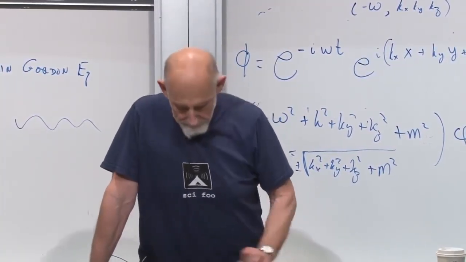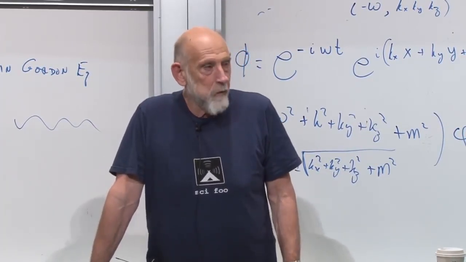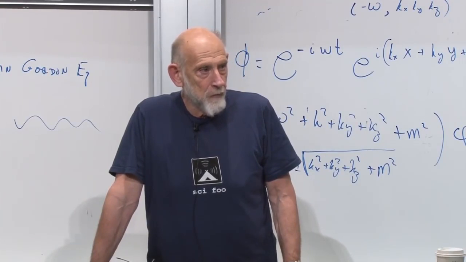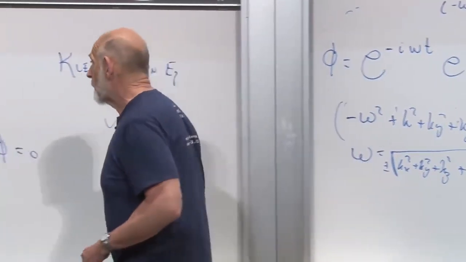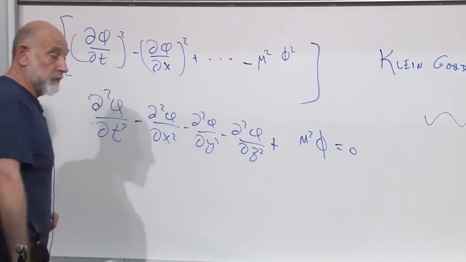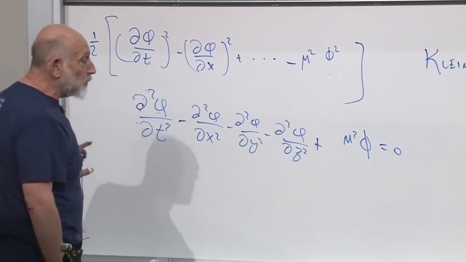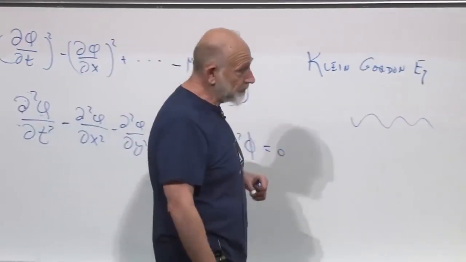Yeah. So where did the Klein-Gordon equation come from? Did you do something to the Lagrangian to get it? Here's the Lagrangian. I made up this Lagrangian.